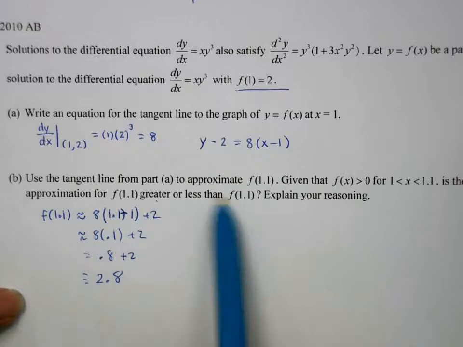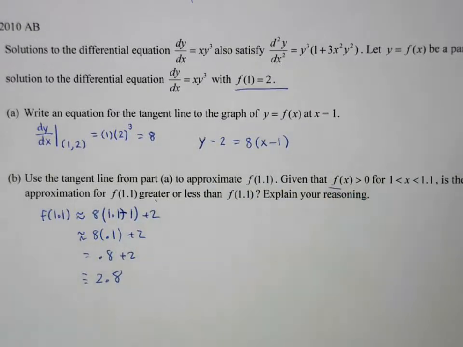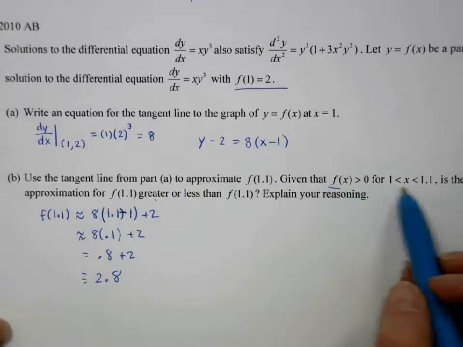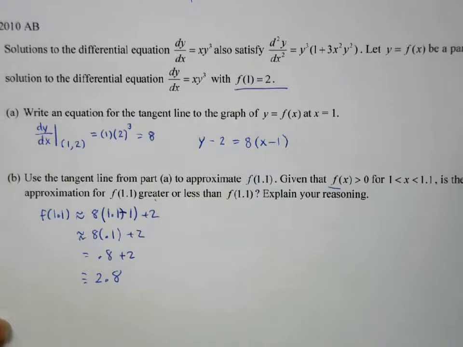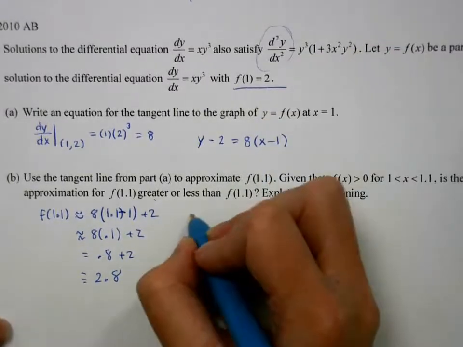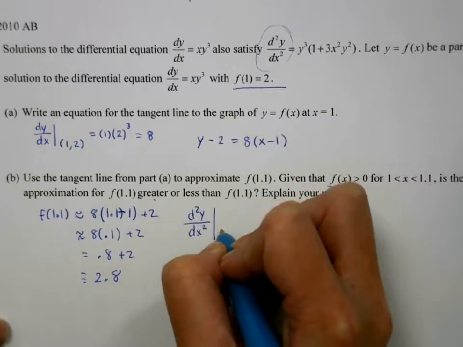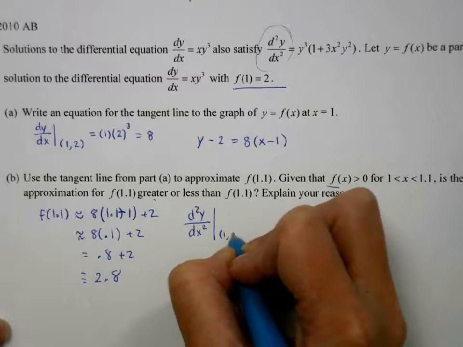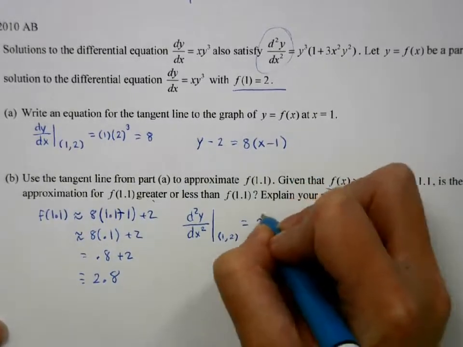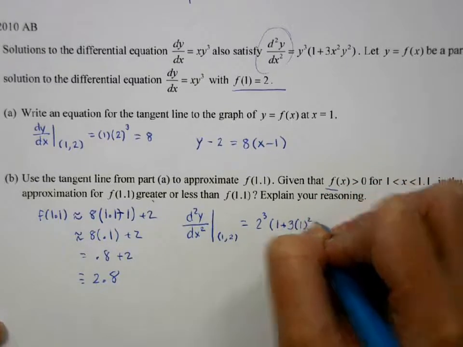So we're told f of x is greater than 0, and here, what we need to do is figure out the concavity. Okay, concavity is going to come from our second derivative. So I'm going to evaluate the second derivative at this point, which is going to be 2 cubed times (1 plus 3 times 1 squared times 2 squared).